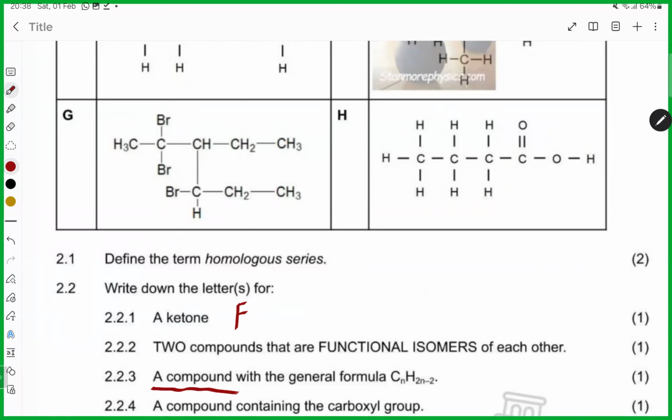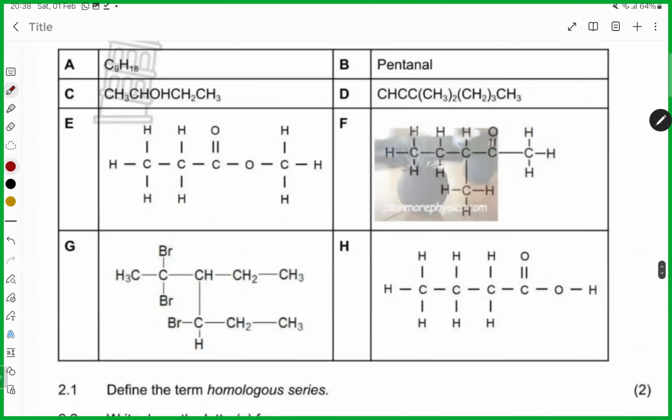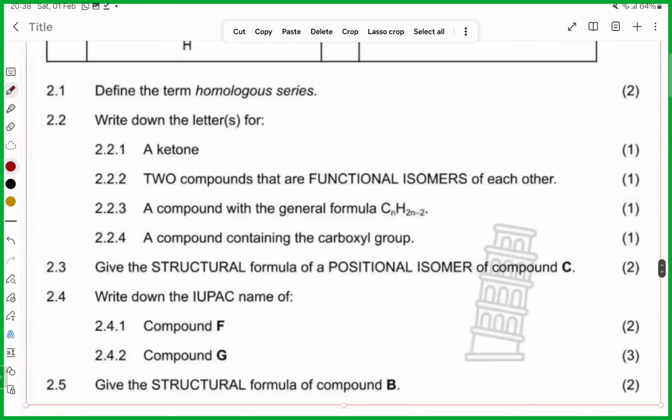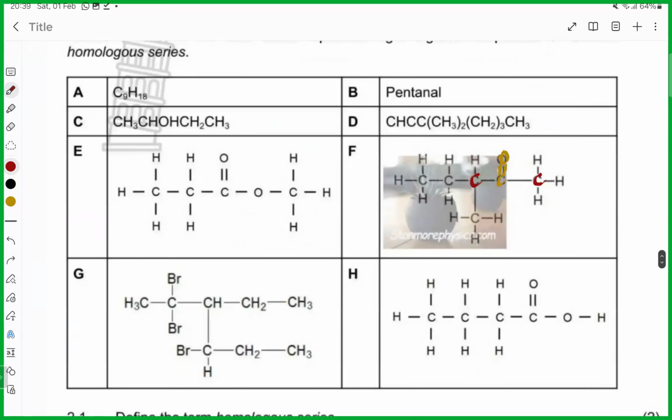Which compound has the general formula CnH2n minus 2? Which one is CnH2n minus 2? And you're going to tell me why. It's glaring. D. So it's D by observation. Where's the triple bond?